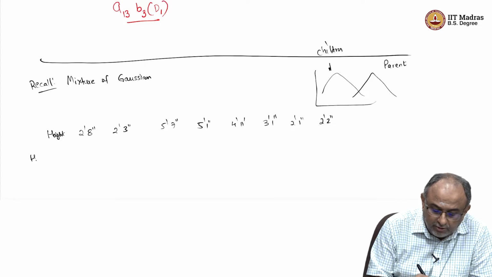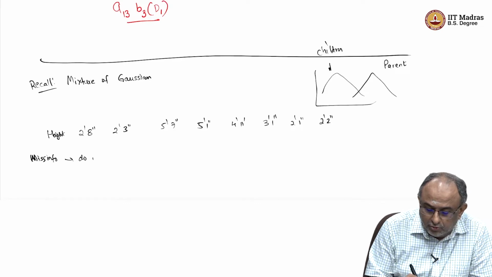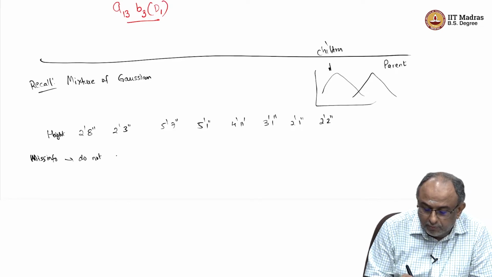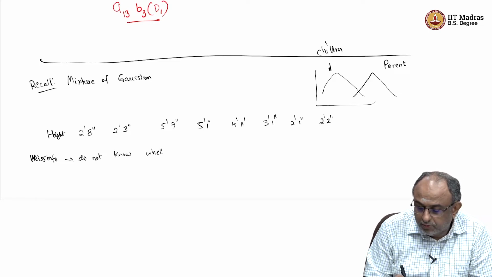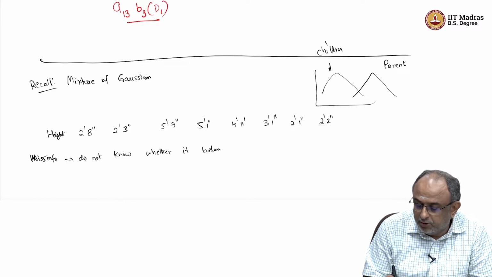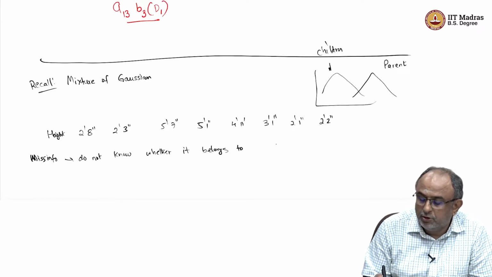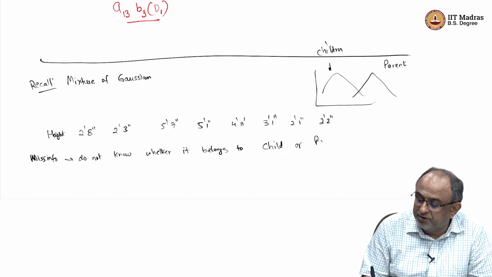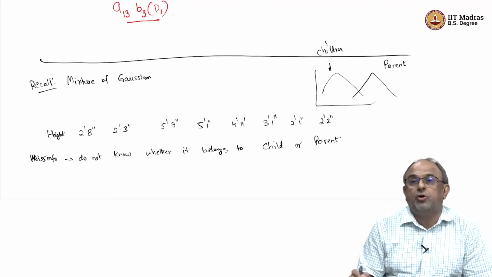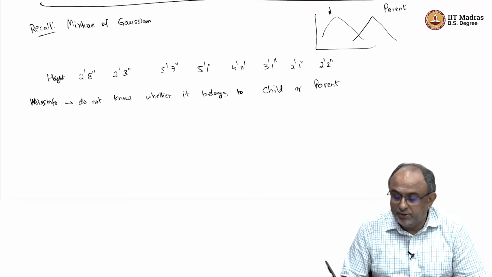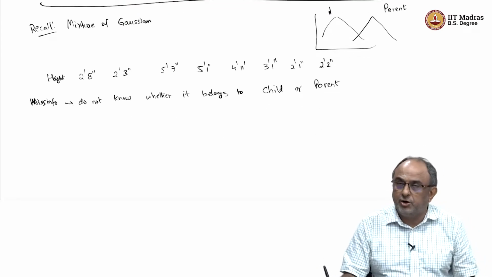The hidden or missing information is that we do not know whether it belongs to child or parent. That is the missing information. We do not know whether the measurement belongs to a child or a parent.